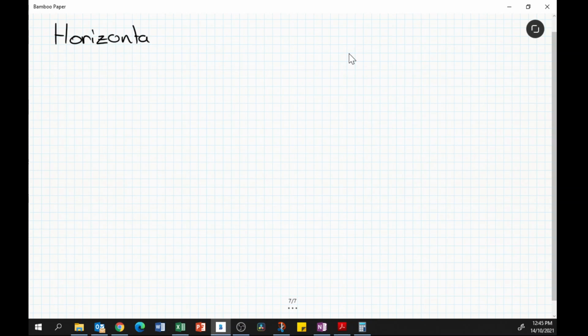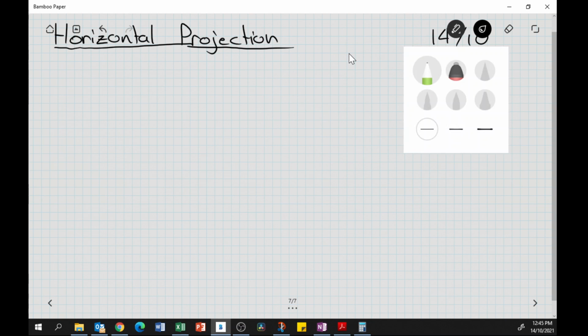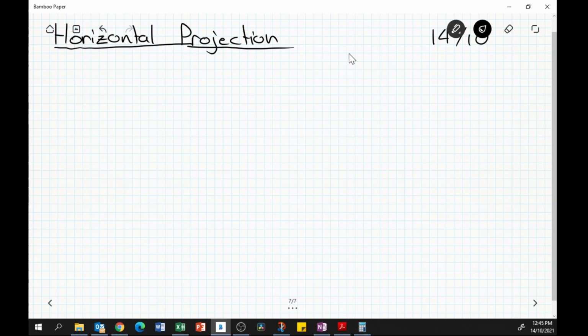All right, let's talk about horizontal projection. We're very quickly getting into launching balls from catapults, so get excited. Now, to be clear, this is horizontal projection.